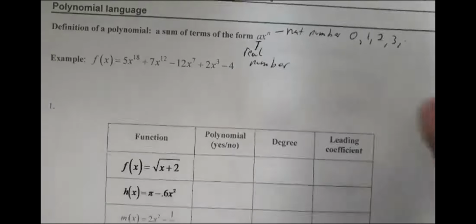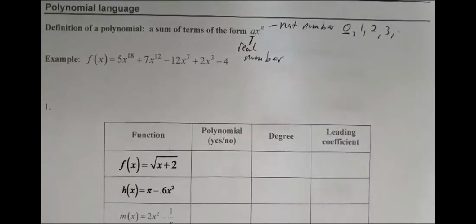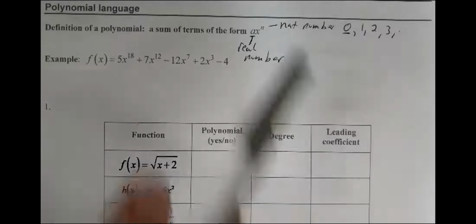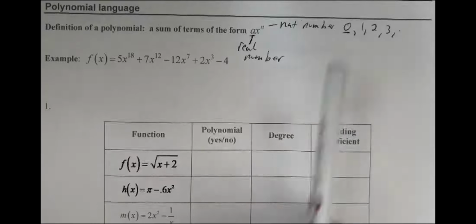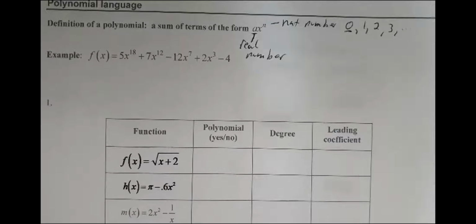An odd thing is some people include zero in the natural numbers, some people don't. Some people differentiate the natural numbers from the whole numbers by including zero or not. So typically I don't include zero, but they do.